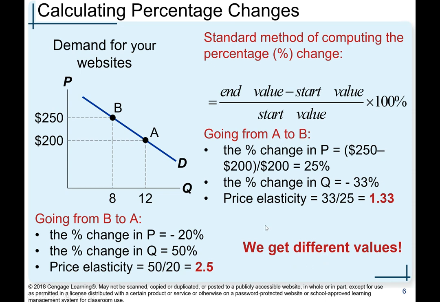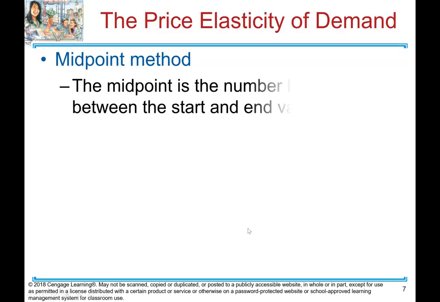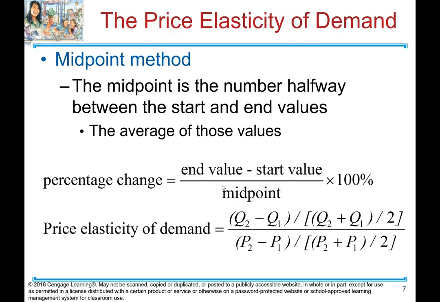We get different numbers, and that is frustrating. We'll talk about that later on. There's going to be a better formula, called the midpoint formula, to avoid this scenario. The midpoint is the number halfway between the start and the end value, the average of these values. So percentage change is the end value minus the start value divided by the midpoint, and you multiply that by 100.